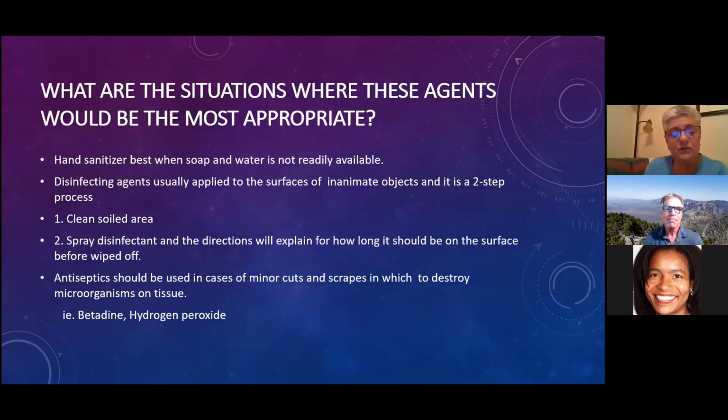The gold standard in the medical field has been betadine, which is iodine, and that's been used for many, many years. And then hydrogen peroxide can also be used for wounds that need some cleaning, when you initially get a wound, a scrape with some dirt in the area. So those are your go-tos with the antiseptics.